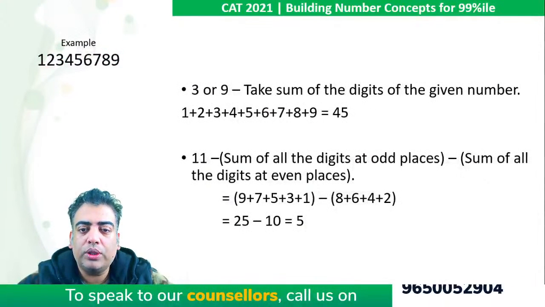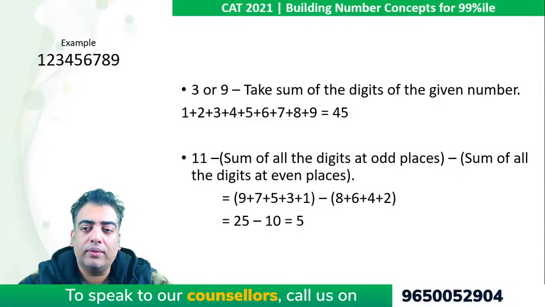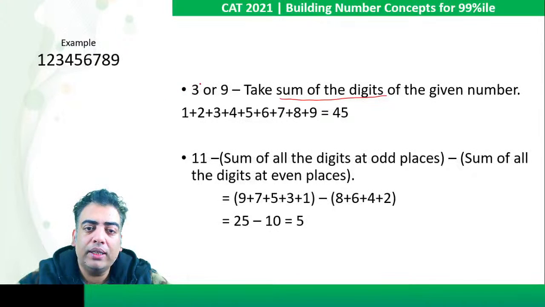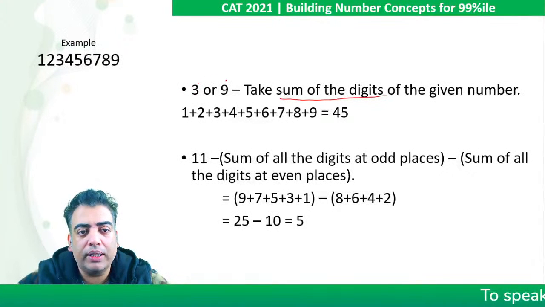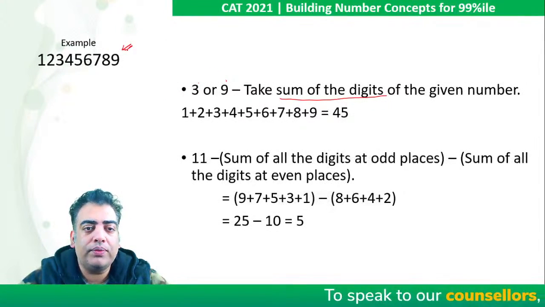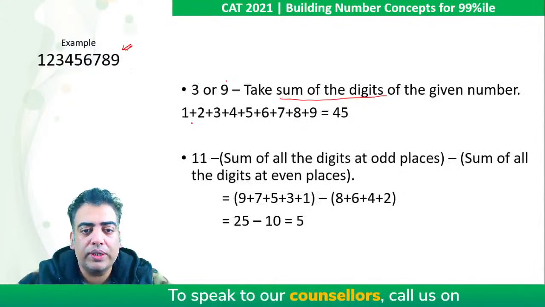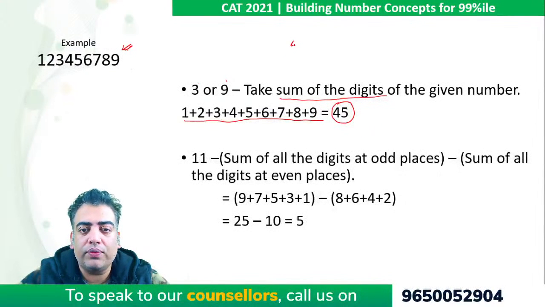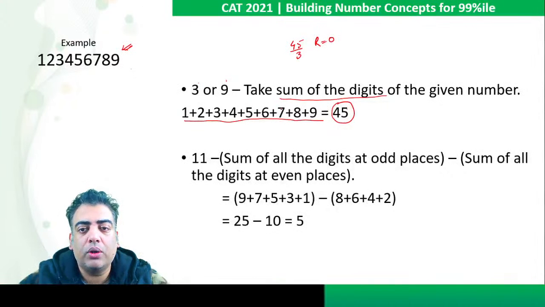Now, when it comes to the divisibility rule of 3 or 9, we take the sum of the digits of the given number and divide it by 3 or 9 to find the remainder. For this example, we add all the digits, which I have written here. The sum of all these digits comes out to be 45. So I will divide 45 by 3 to find my remainder, which comes out to be 0.